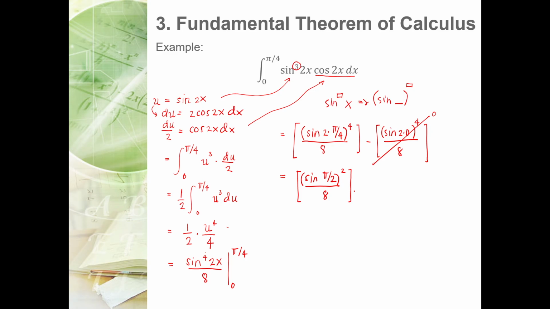So sine pi over 2 is sine 90. Again, it's a quadrantal angle. So sine 90 is 1, di ba? So 1 to the fourth is still 1. So again, sine pi over 2 or sine 90 is equal to 1. So the final answer is 1/8.